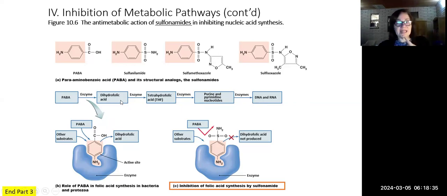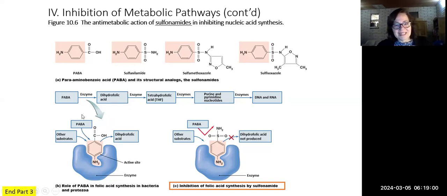We bring the folic acid in our diets. We have to get that in. It's one of the necessary vitamins. But bacteria have this other mechanism that they can use to make folic acid for themselves. And the drugs that can fit here in this active site will actively interfere with this process.